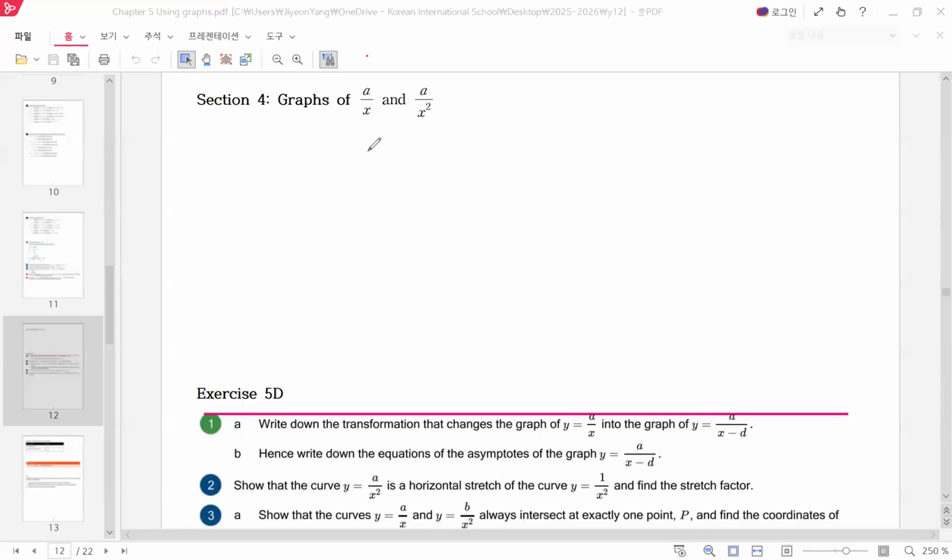Hello students, so we drew the graphs of a over x and a over x squared yesterday by using the new graphing calculator. Let's draw the graph of y equals 1 over x and y equals 1 over x squared together.